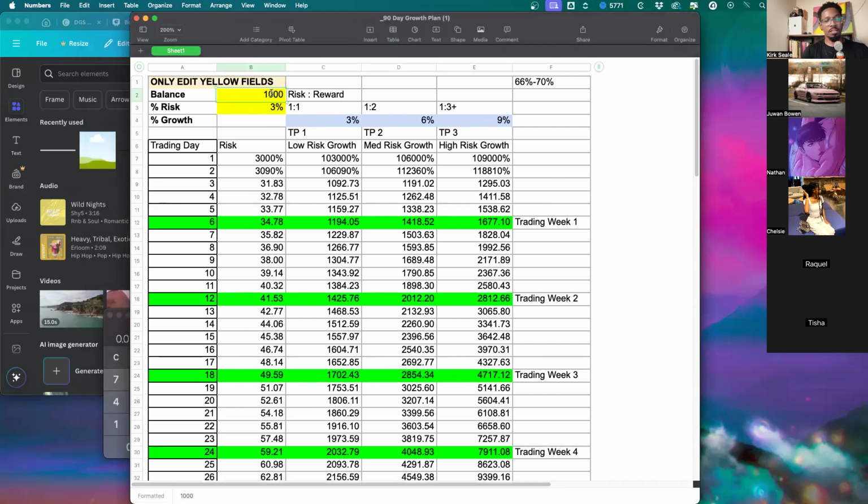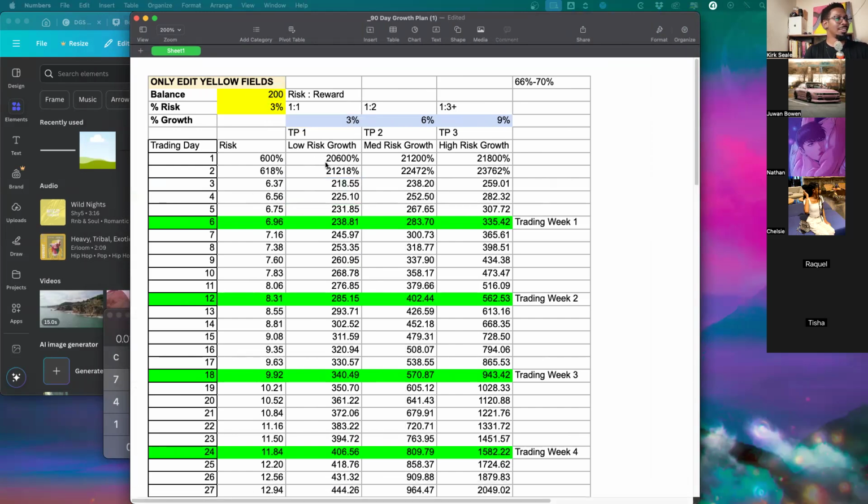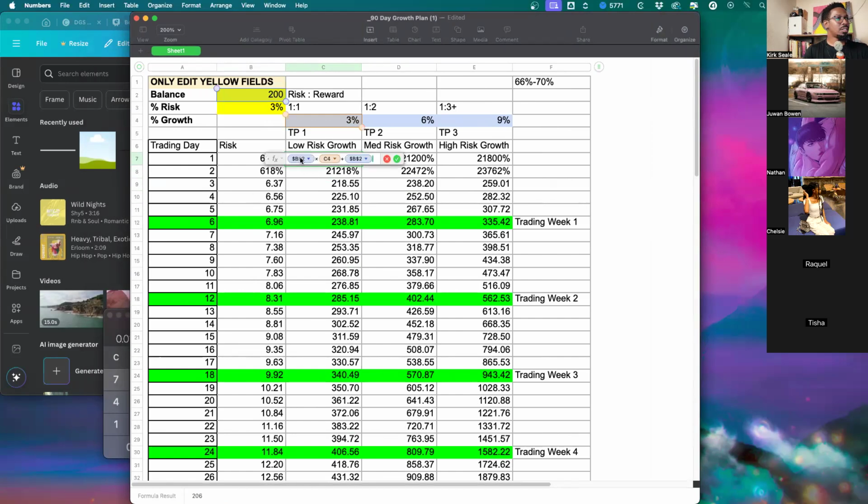All right. So this is the same thing we just did. All right. $200 account, 3% risk. What's going on here? All right. Hold on. Can I fix this quickly? Because this is crazy. Risk D2 by 3.